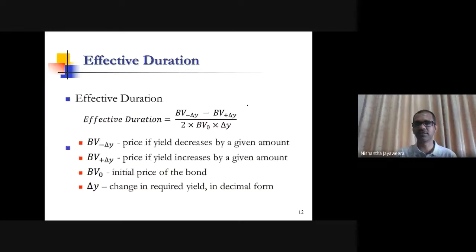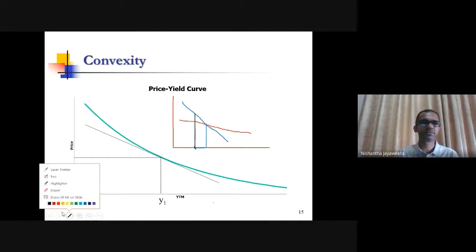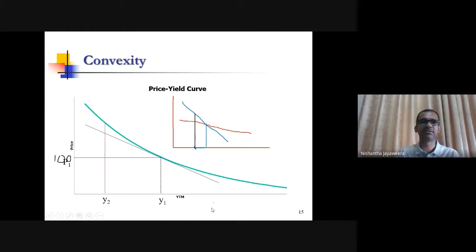approximation, because what we measure here is from this. Assume this is 100. When the yield moves to the next level, what we measure through duration is the price change here, not here, because we measure that along this line.